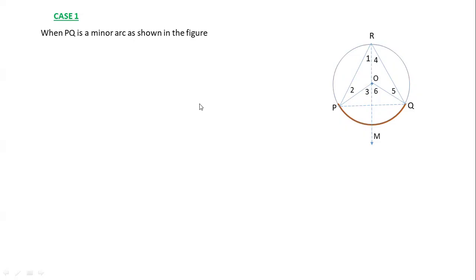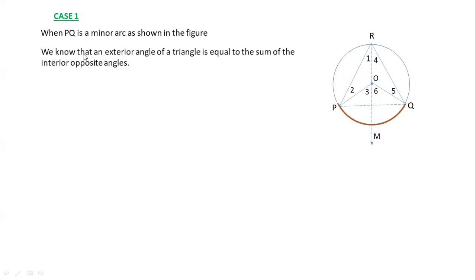Now, we know that an exterior angle of a triangle is equal to the sum of the interior opposite angles. If you take this triangle POR, angle 3 is an exterior angle. So we write that in triangle POR, angle POM is the exterior angle, that is angle 3.